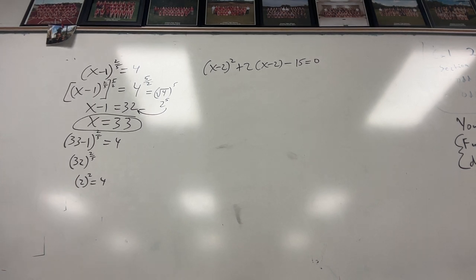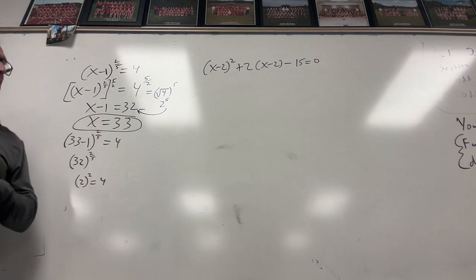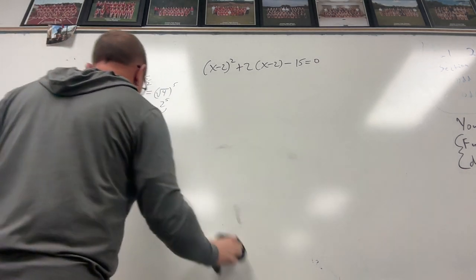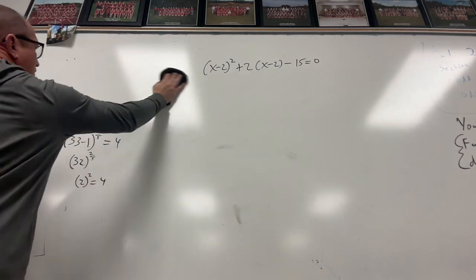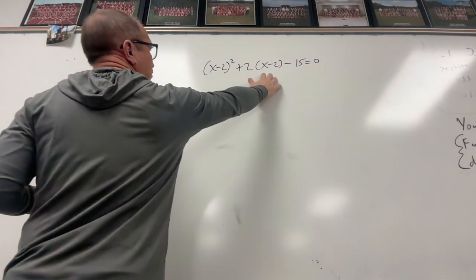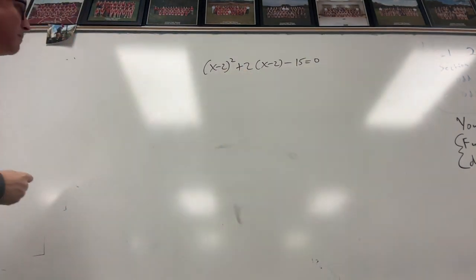All right, now, one thing that you could do here to solve this problem, and I'm going to work this problem two different ways, is to go in and do all the arithmetic in here that you see.